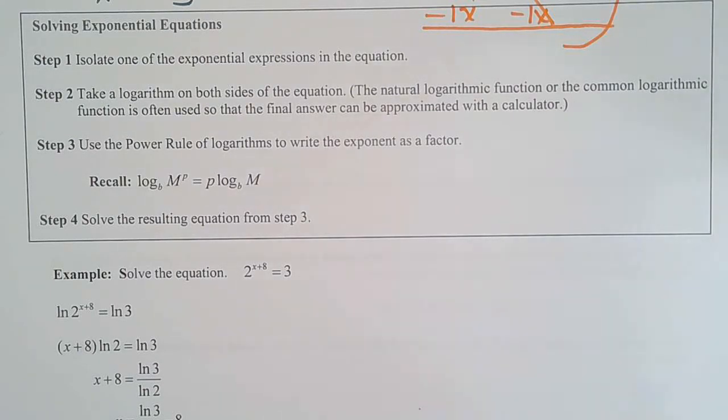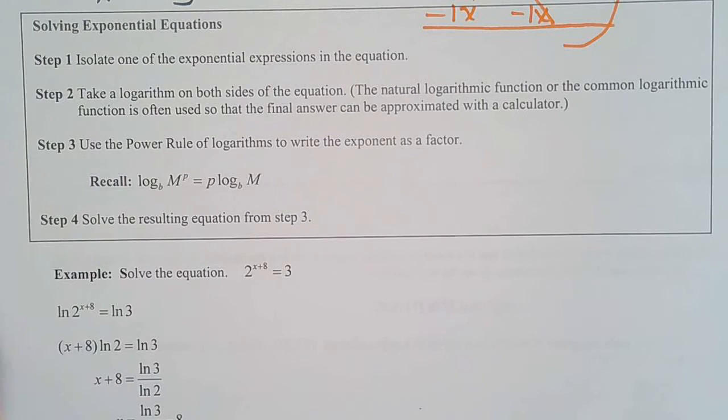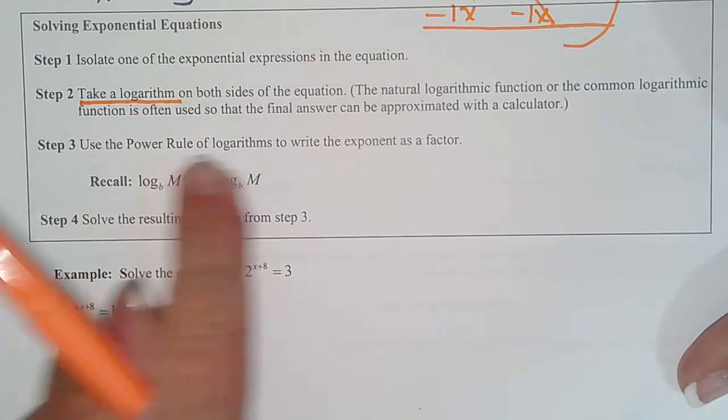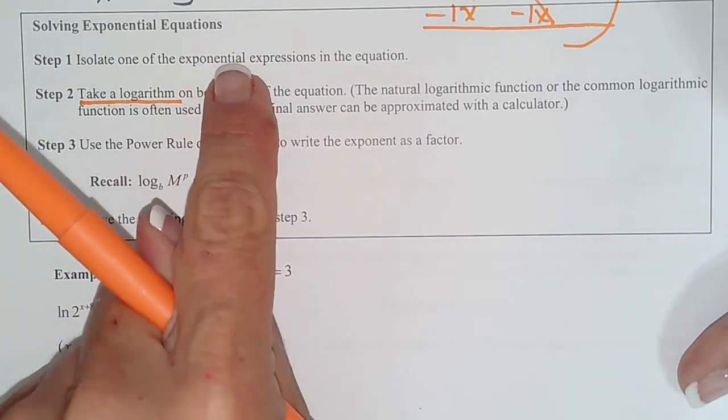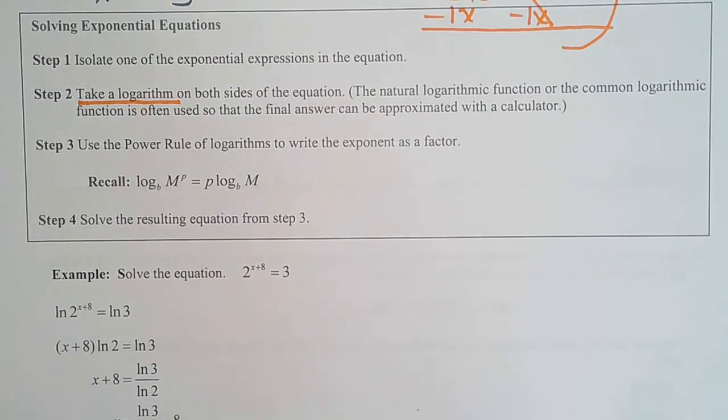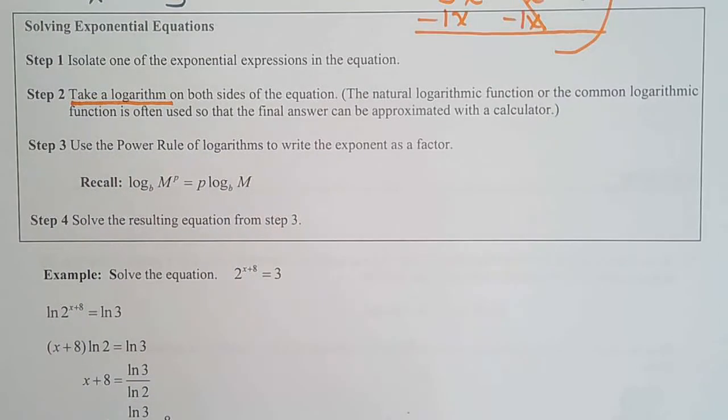We have to make sure one of the exponential expressions is isolated. And then look what we're doing. Voila! We turned the logs into exponents by doing loop and swoop. Now we're turning the exponents into logs. Look at this tangled relationship these inverses have.